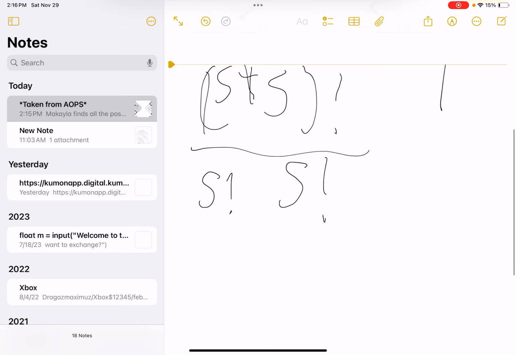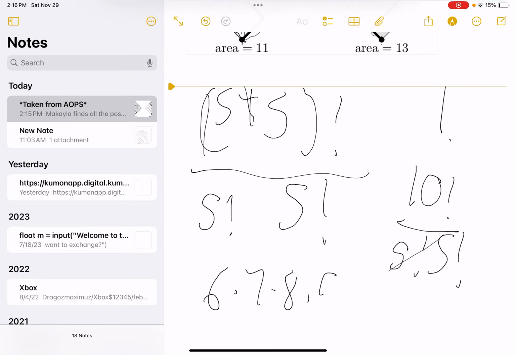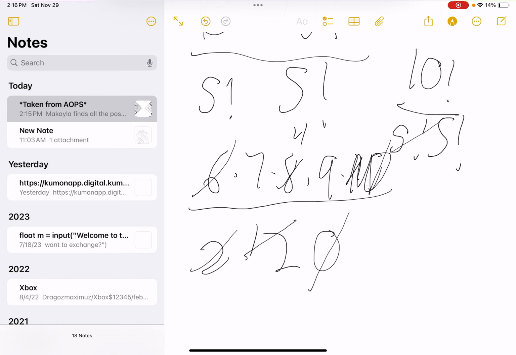This evaluates to 10 factorial over 5 factorial times 5 factorial, and you cancel out the 5 factorial and it becomes 6 times 7 times 8 times 9 times 10, and 5 factorial is 120, so over 120. Then you cancel out the zeros here. Then you can also cancel out the 6 and make the 8 a 4. Now you have 7 times 4 times 9.